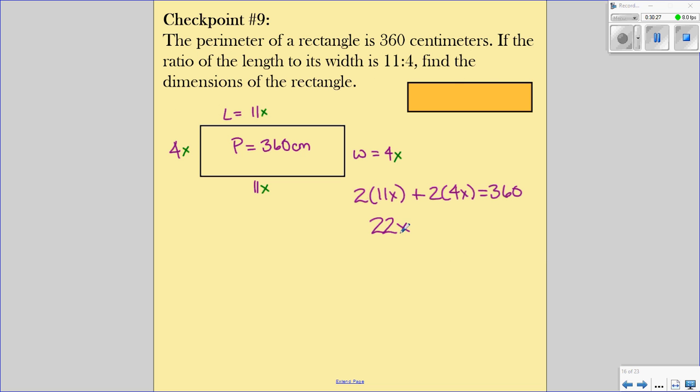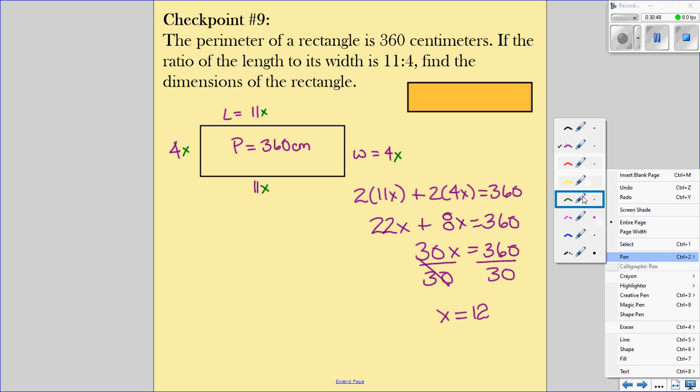So we're going to have 22x plus 8x equals 360. This will be 30x equals 360. Divide by 30 on both sides, and x will equal 12.